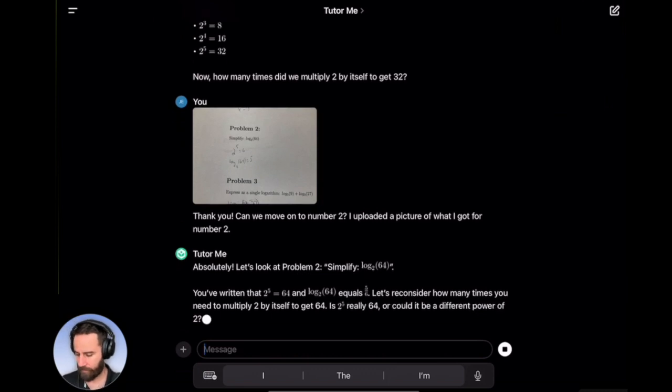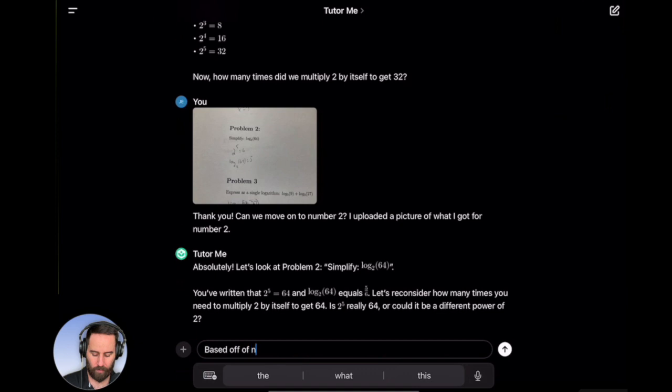Well, let's see. Reconsider how many times you need to multiply 2 by itself to get 64. So that should be 6. Is 6, or could it be a different power of 2?